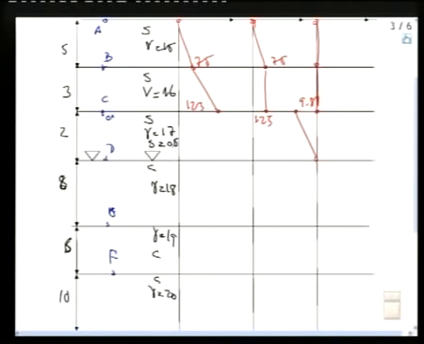Now I have to add to it 9.81. Add to it 123, yeah. 132.81. Okay? 132.81. Because we have to add.